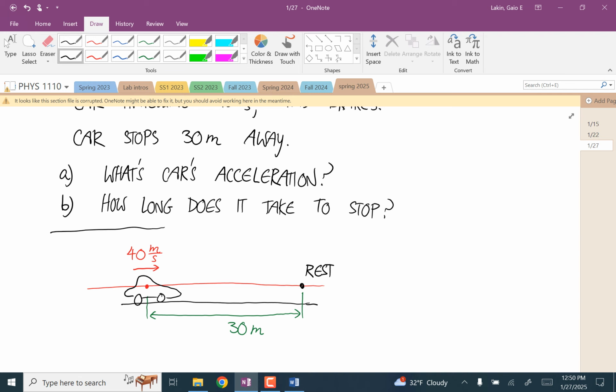Okay, so the first step is, in the real world, we have to choose what we're going to call our zero position and our positive direction. It turns out you can solve the problem no matter what choices you make of these two. You just have to be consistent through the whole problem.